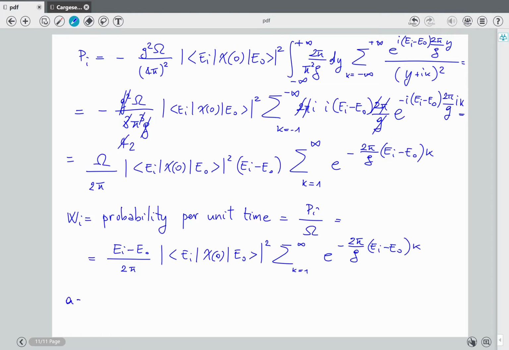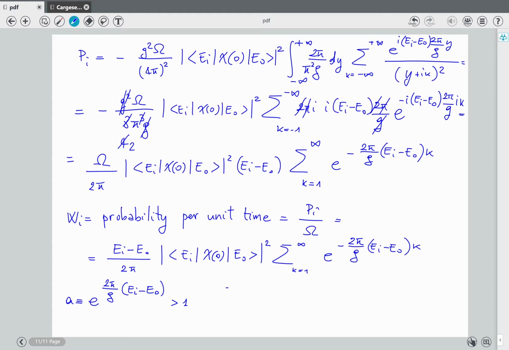So we can define a to be equal to the exponential of 2 pi over g times ei minus e0. That's a positive number, and that is also greater than 1, because ei is greater than e0.